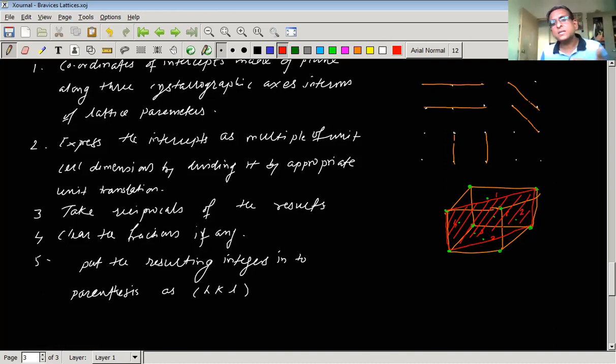Similarly, we can consider the other plane. This is a diagonal plane, a body diagonal plane. Similarly, we can consider a plane in this fashion also. Here also there can be a plane. You can see here. There can be another plane. Isn't this also one plane possible? Similarly, if we change the color and try to draw a plane, then this can be another plane also.